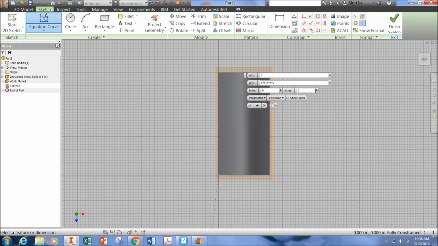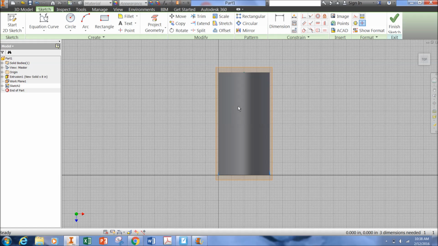We must now increase our domain values, and you will see that the entire curve, if we accept it, is defined from x equals 0 to x equals 4, and the height of this curve is going to be the same as the distance between the two curves in the XY plane. We will now finish our sketch.